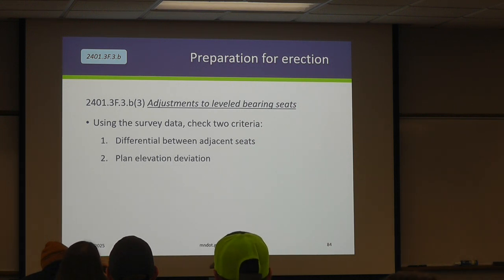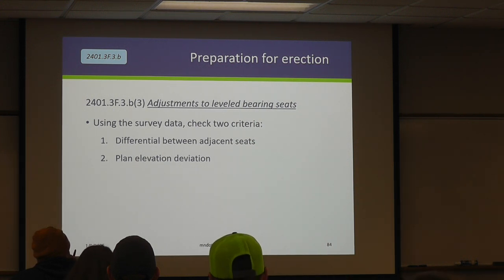Let's think about that for just a moment. If every one of your bearing seats is set 1 inch low, that's scenario one, compared to every one of your bearing seats is set at the exact spot except for one. One is set an inch high. Which do you think is going to be a bigger problem?